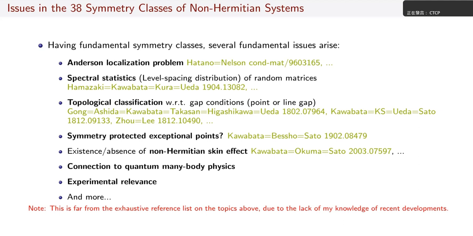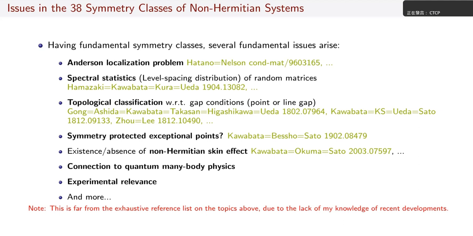Also the spectral statistics, I mean the properties of random matrices, should be interesting. And topological classification, which I'll explain later.